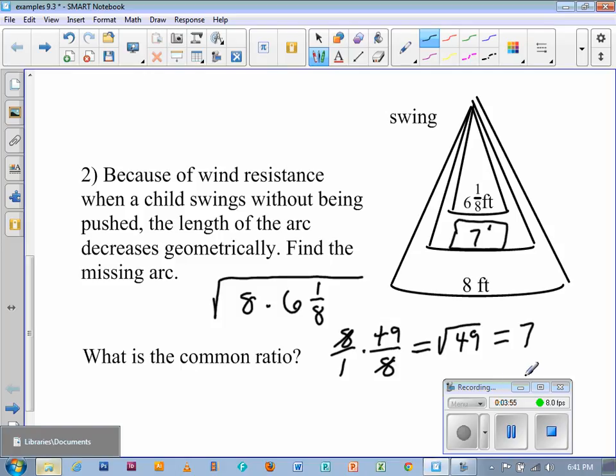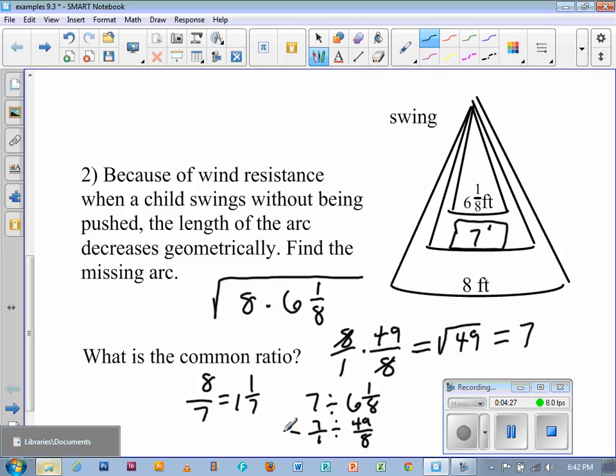The common ratio, again, can be found by taking 8 divided by 7. That's probably the easiest way. 8 divided by 7 would be a common ratio of 8/7, or if you want to write that as 1 1/7. If you divided 7 divided by 6 and 1/8, this is how you would do it without a calculator. 7 over 1 divided by 49/8.